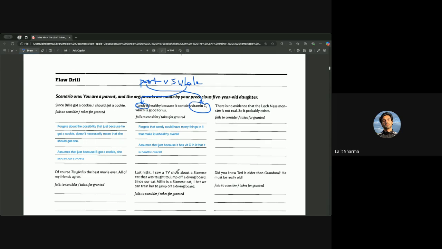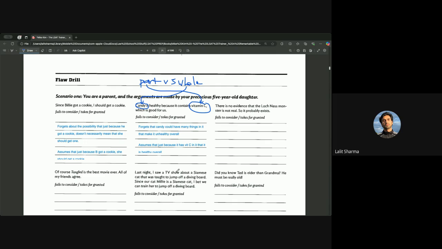So that's like a part versus whole, where you say, well, this person can run really fast. They have really good vertical. They are a really good athlete. They can play in the NBA tomorrow. But what about all the skills that they need? Do they have the skills? So you're putting more emphasis on one particular aspect while ignoring everything else.